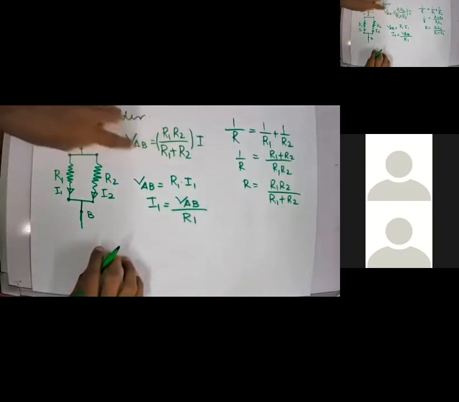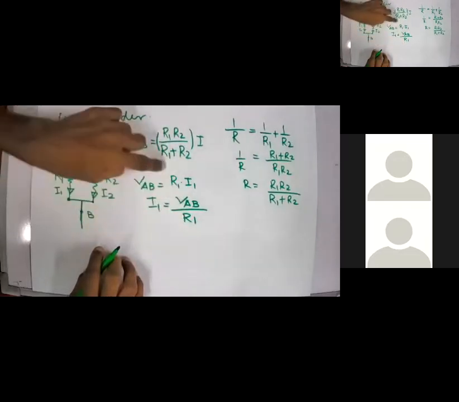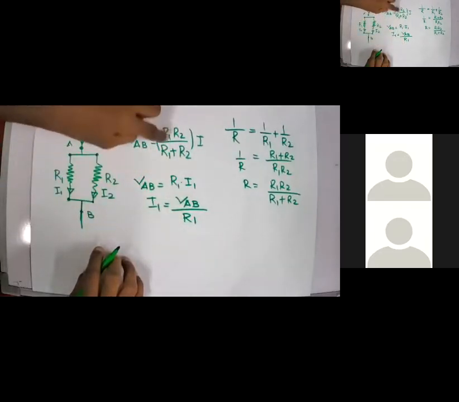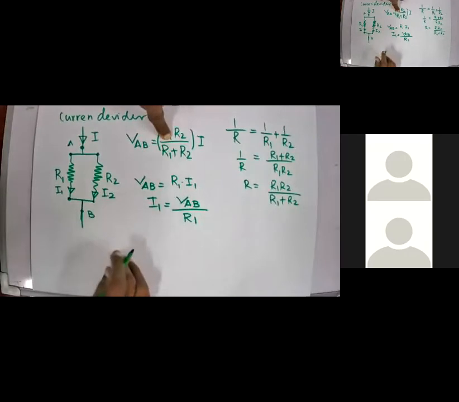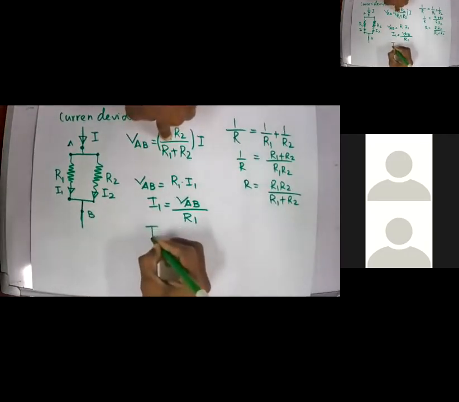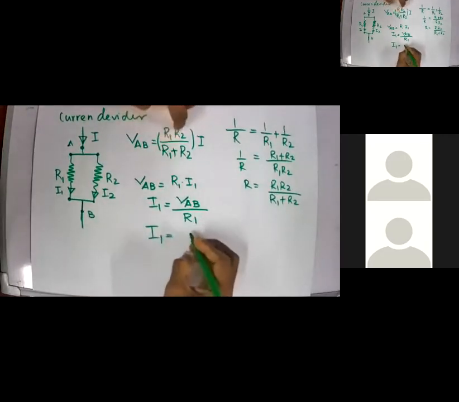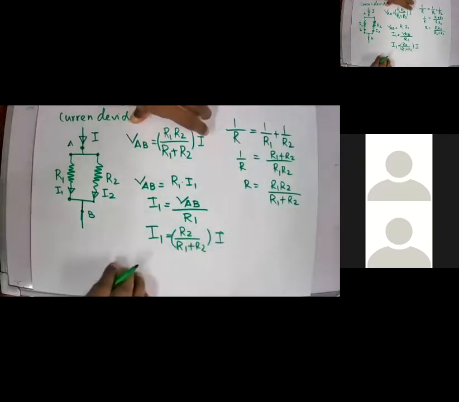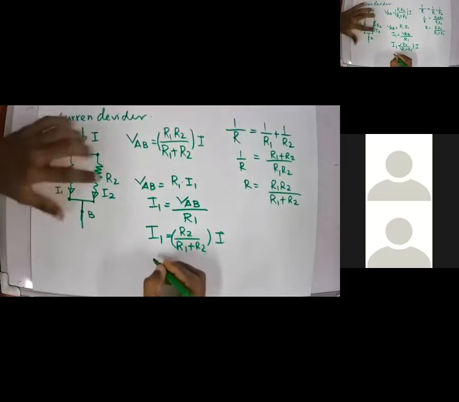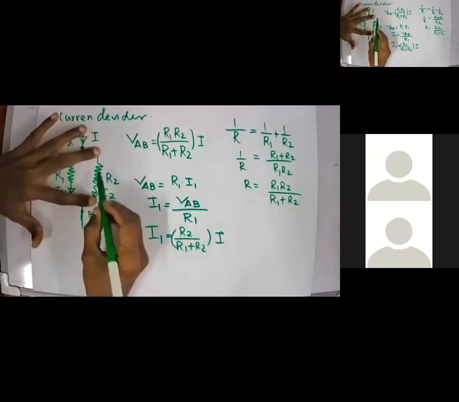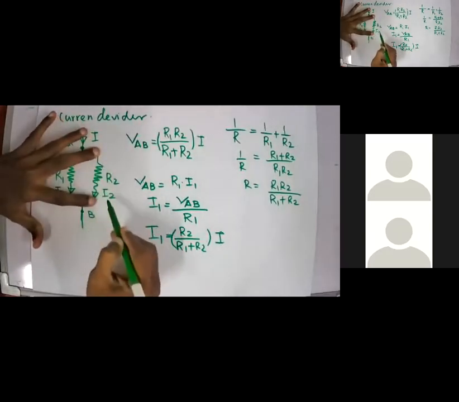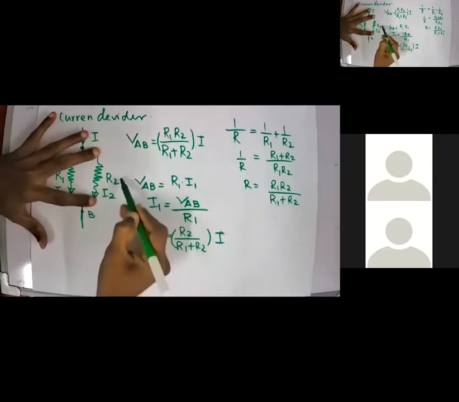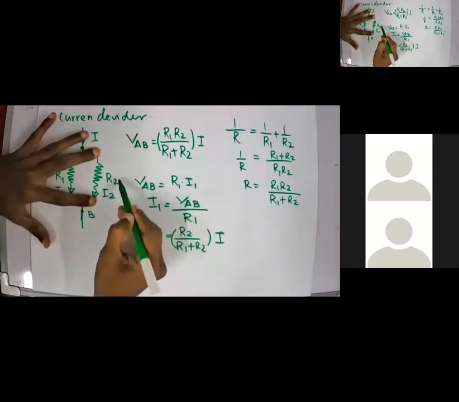So this is my VAB divided by R1, and this R1 will be getting cancelled. So I can write my I1 as R2 divided by R1 plus R2 times I. Similarly, if I apply the same Ohm's law across this resistor, VAB will be I2 into R2, right?